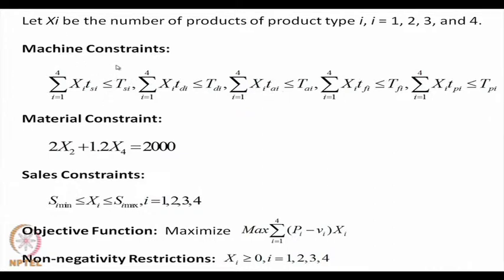The constraints in this particular example are machine, material and cells. Then we had an objective function, which was in this case to maximize the contribution to profit from the 4 products, and then we had the non-negativity restrictions, that the number of units of product i has to be greater than or equal to 0.